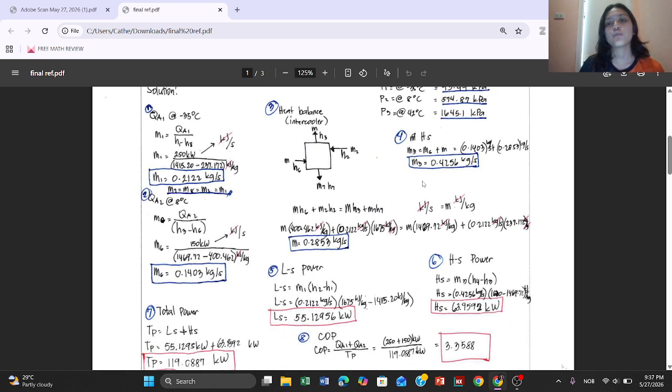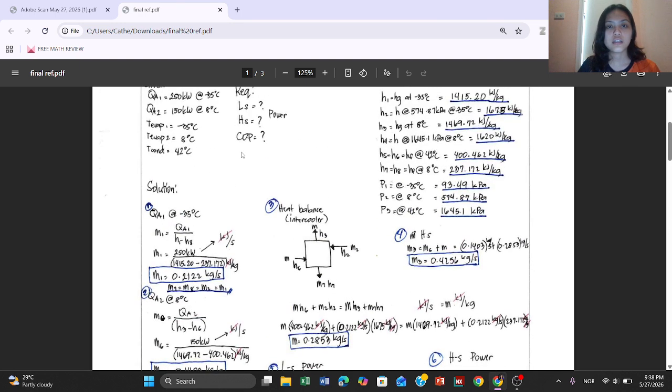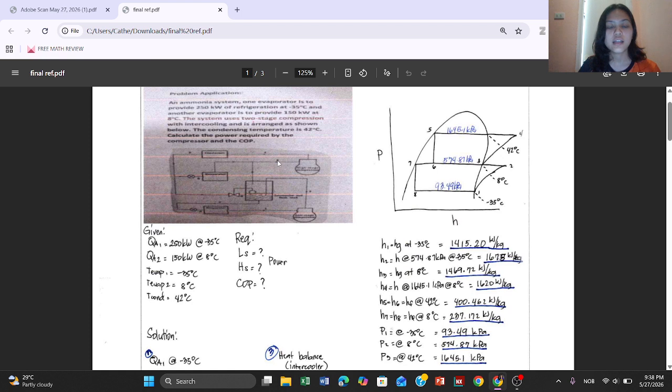Next, we need to get the mass flow rate at the high stage compressor. We have this intersection line at the energy entering the compressor part. So here we have the mass at the intercooler and the mass at the evaporator at point 6.